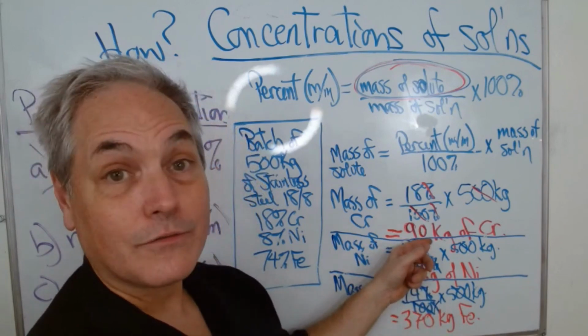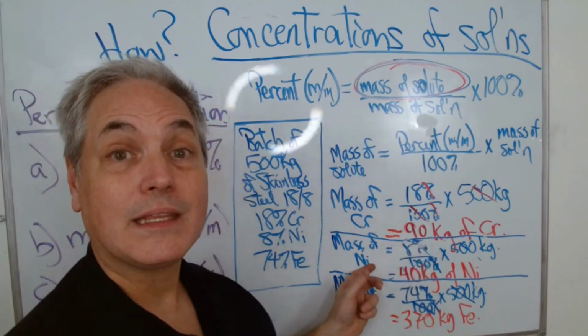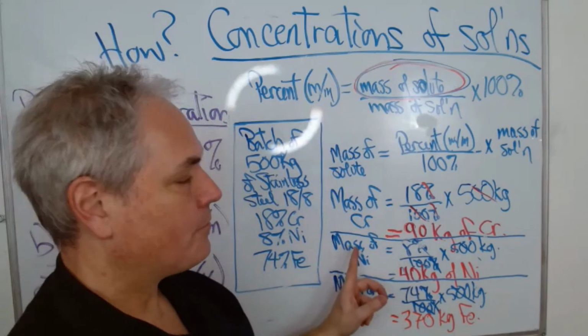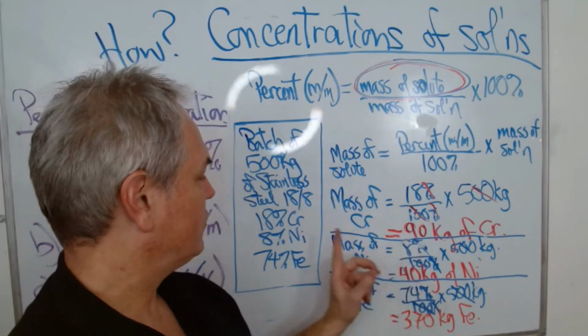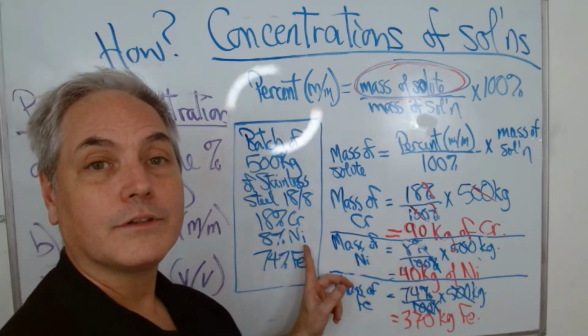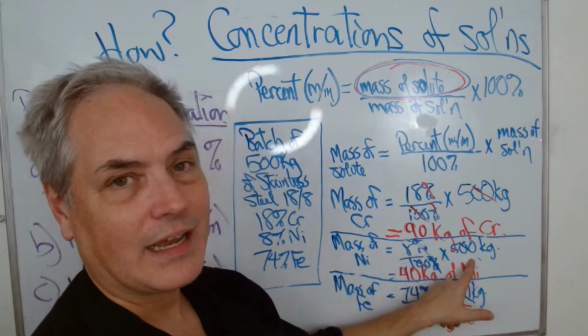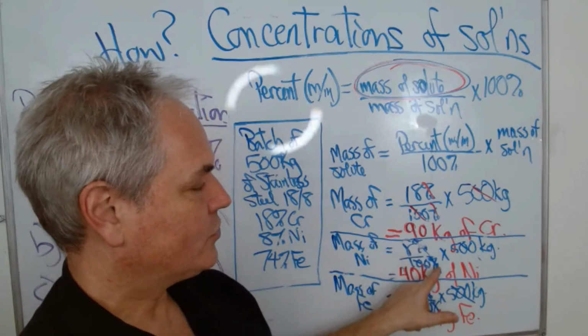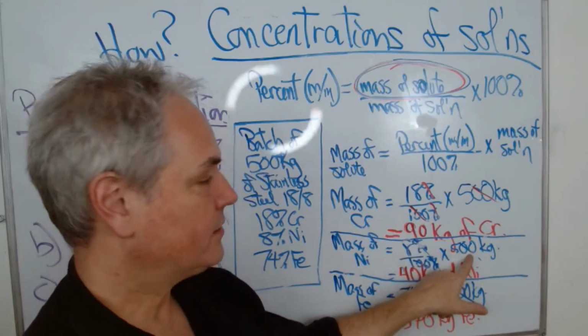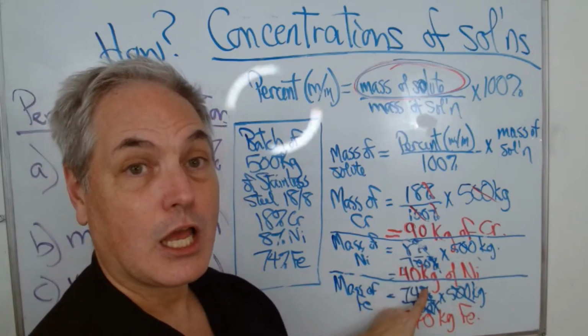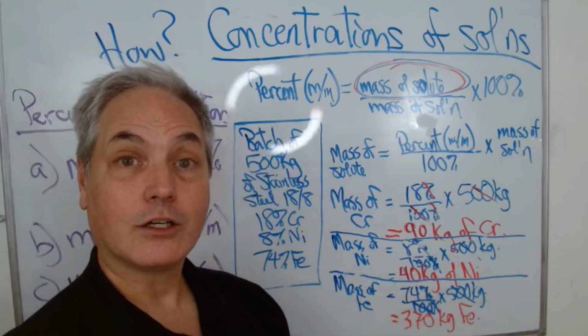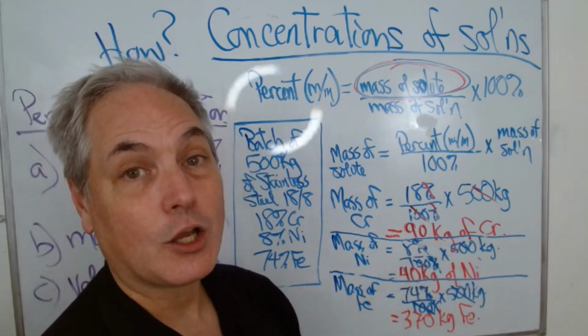Perfect. So that's the first piece of information. I want the same thing for nickel. So the mass of nickel is the mass percentage of nickel, 8% divided by 100 times 500. We do the simplification of the percentage to hundreds. 8 times 5 gives us 40 kilograms of nickel. So here I have the second component.